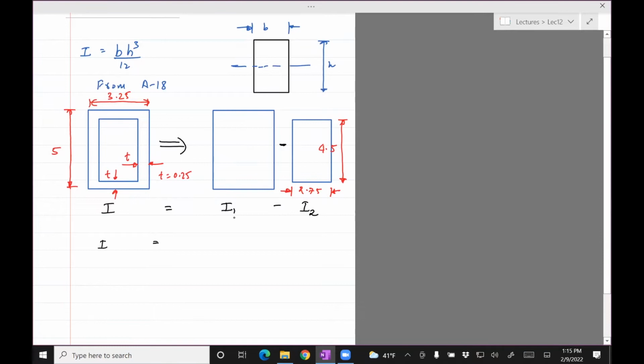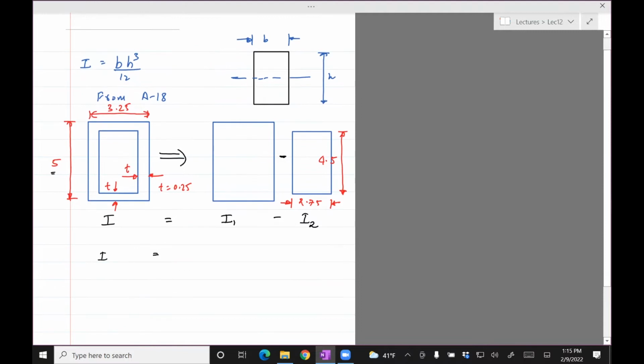So the inertia is the inertia of this piece, and we know that the dimensions are 5 and 3.25. So I'll just use this formula. That's the width, 3.25, times height 5 cubed divided by 12, minus the piece on the right.